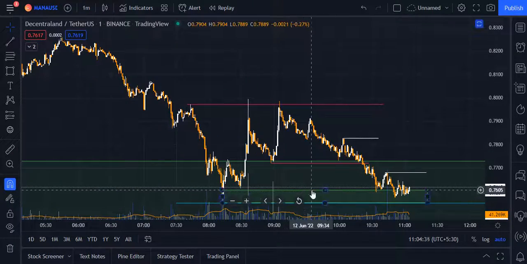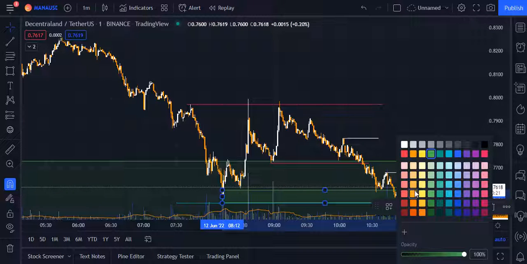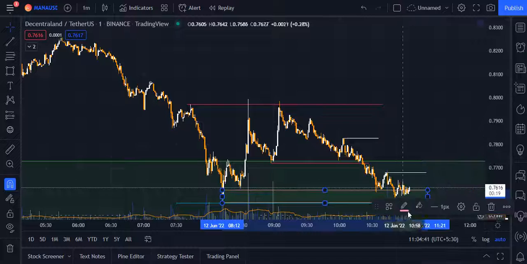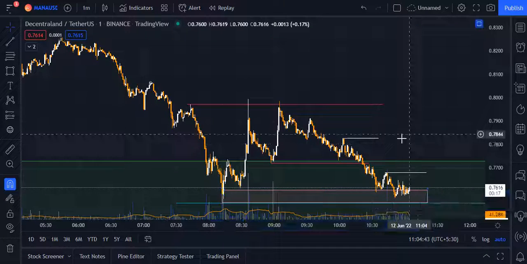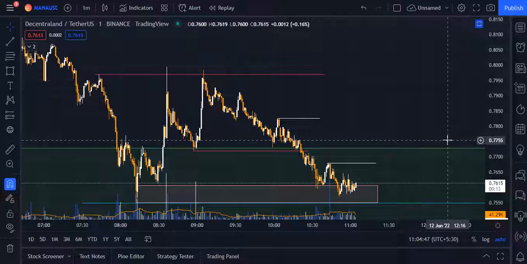So this one is the 10 minutes. I don't have any special color for the 10 minutes, so I'll be making it this pink. Okay, fine. Let's see, actually that's not 10 minutes, that's 10 seconds. So let's see how the actual market reacts.